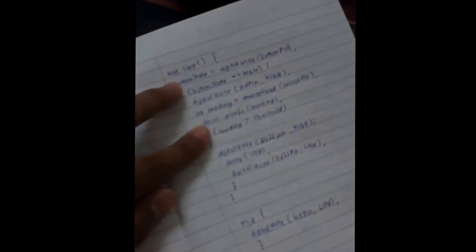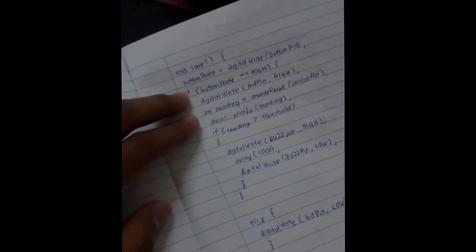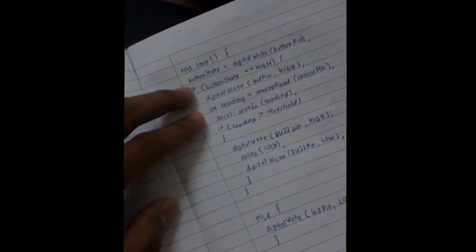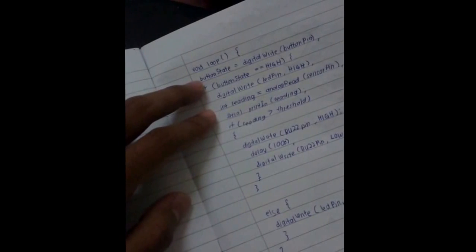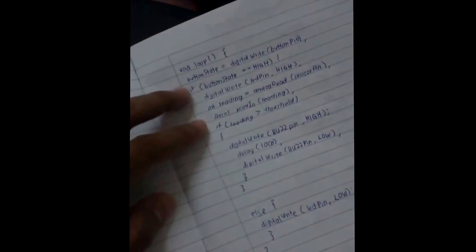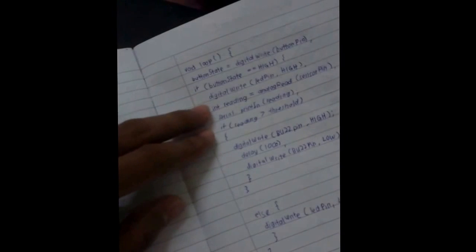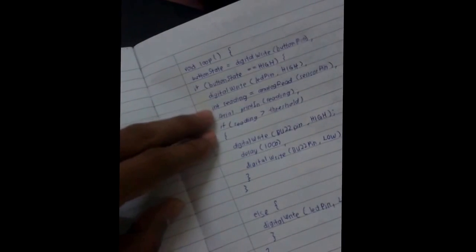So next is our system in the loop. It will start with the push button, whether it's high or not. If the push button is high, then it will turn on the LED.